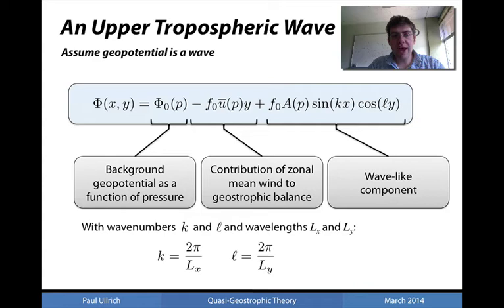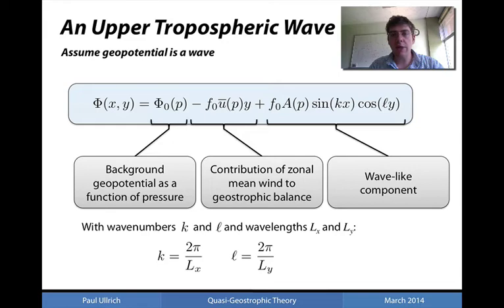So if we assume now that the geopotential has a wave-like signature associated with it, that is, we have a background geopotential, which is a function of pressure. This is analogous to the T naught as a function of pressure that we assumed when deriving the quasi-geostrophic equations of motion. And we have a contribution of the zonal mean wind to geostrophic balance.